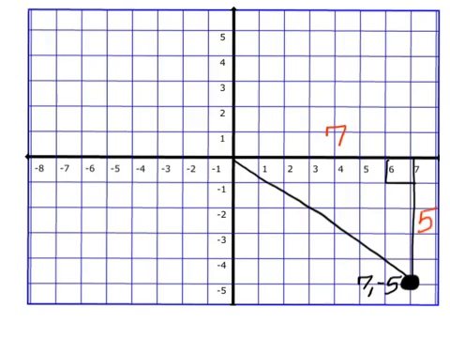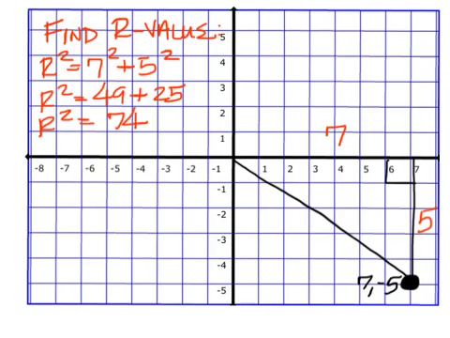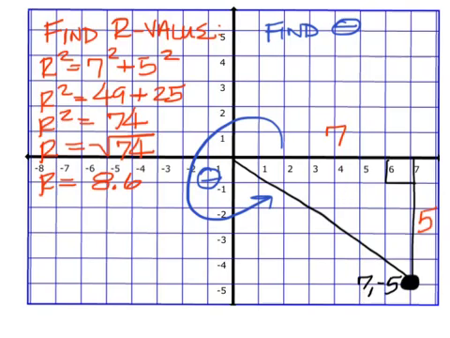A movement could be negative, but the actual length can only be positive. What is the R value for this? So 7 squared plus 5 squared, 49 plus 25, that's 74, and the square root of that will give you 8.6.